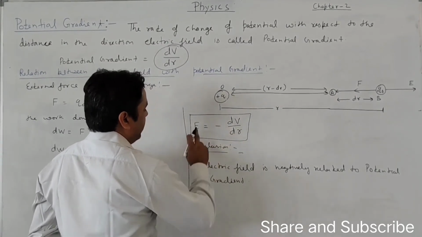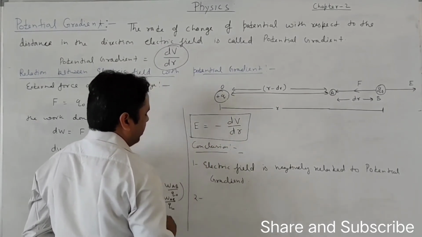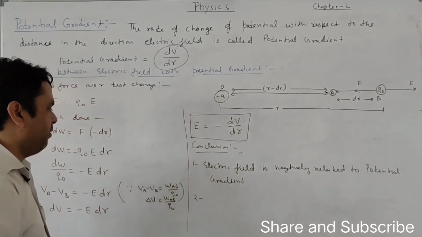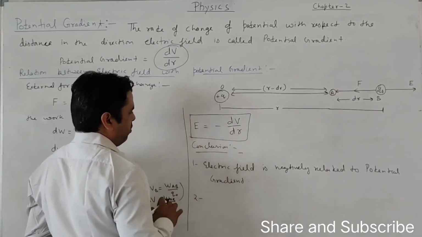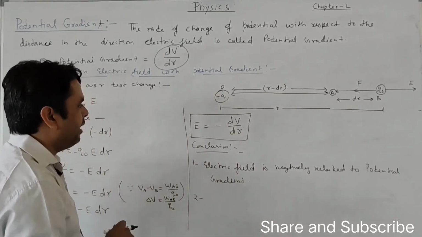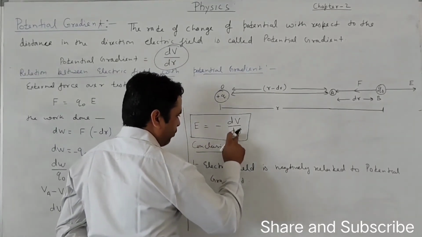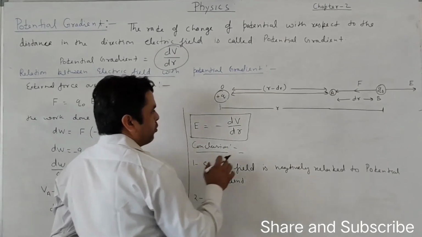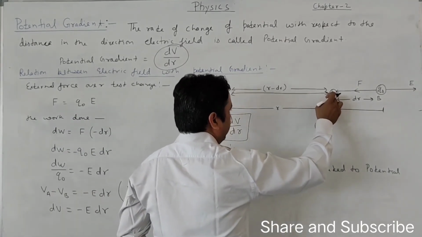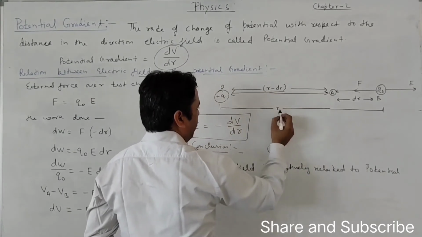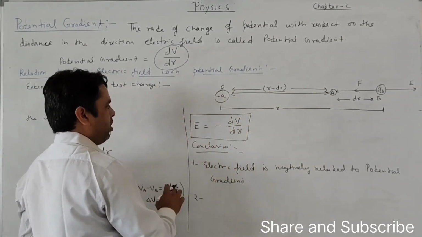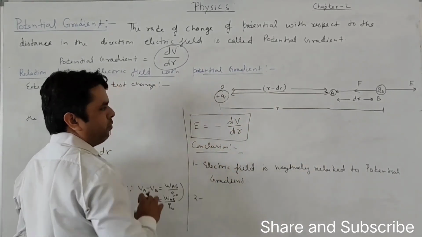And the second relation, in spite of this negative relation, shows that E is inversely proportional to distance also. At that particular point A, wherever we go around this charge at a fixed distance from the origin charge, the electric field remains constant.